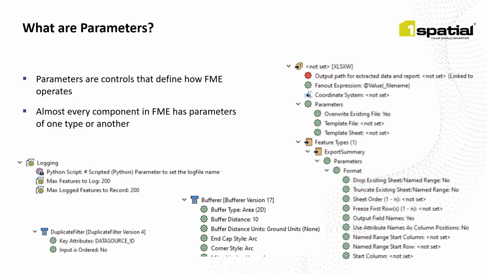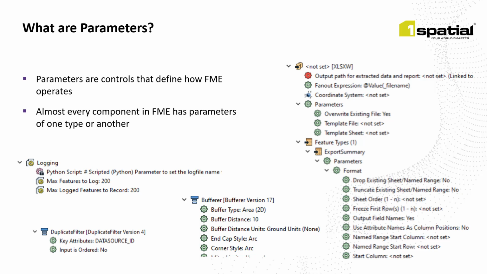So what are parameters? Well, parameters are controls that define how FME operates. So how a reader reads the data, how a transformer transforms it, how a writer writes it. Almost every component in FME has parameters or controls of one type or another: every transformer, every reader and writer, even things like the log file.